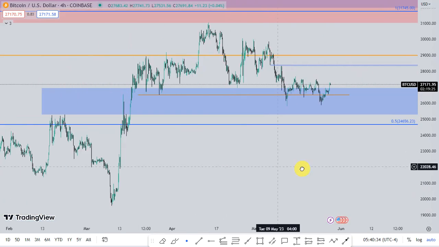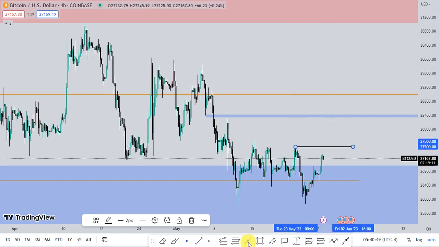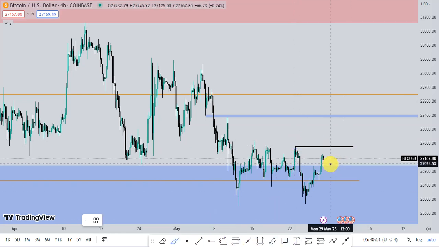On the 4 hour time frame, you can see that Bitcoin could not make a higher high, so this high is important, and we should make a higher high above this to form a market structure shift like this. And after that, there is a fair value gap on the 4 hour time frame.